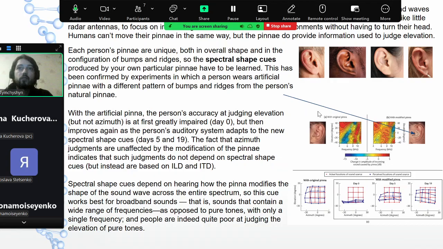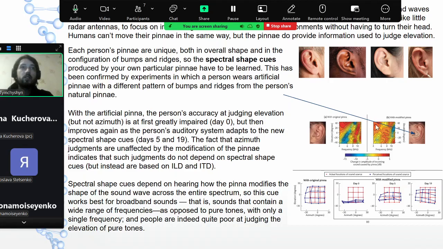The other interesting thing: we are good at localizing sound in the horizontal plane, taking into account all that acoustic shadow and so on, but we are not so good at localizing it in the vertical direction. And here the pinna comes into play.